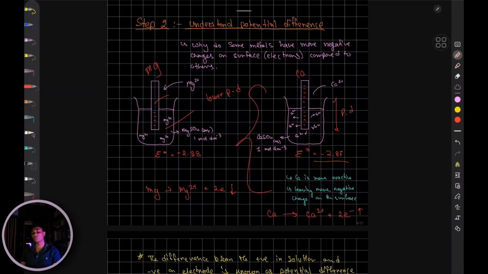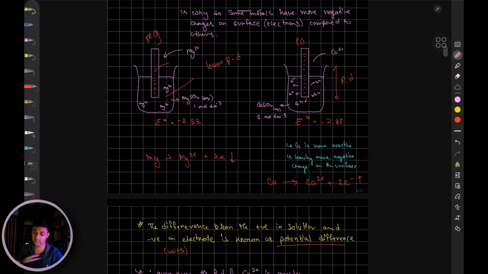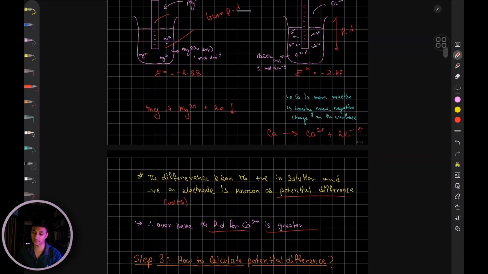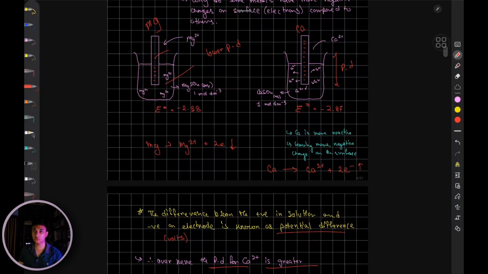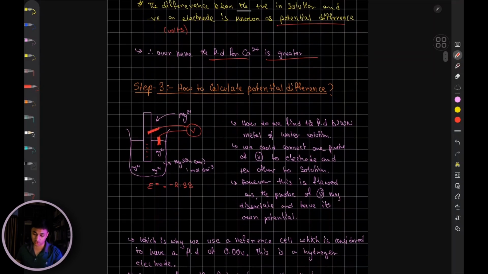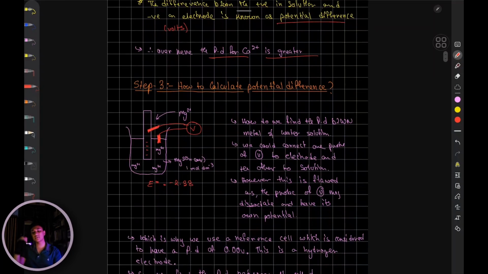Now you may ask, why is the electrode potential negative and not positive? Isn't it supposed to be positive? We are going to answer that question as well. For now, just remember that the more reactive metal has the more negative electrode potential. Which one is more reactive here? Calcium. So which has the more negative electrode potential? Calcium.